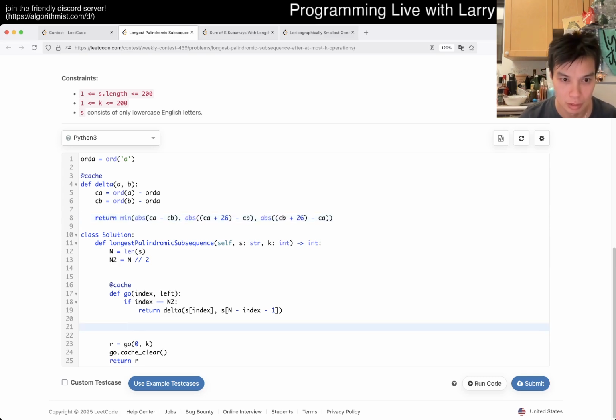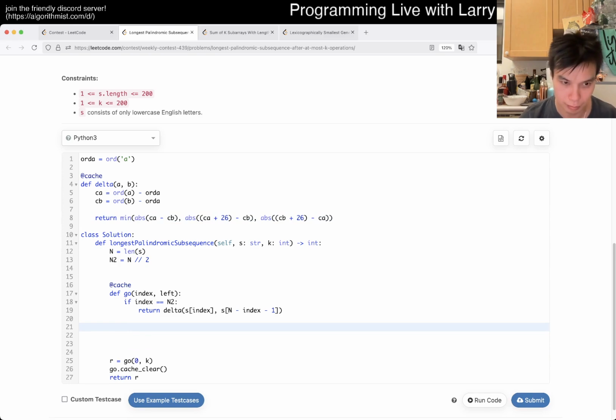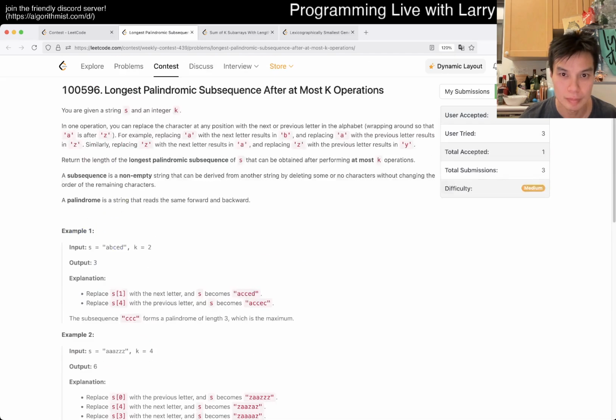Okay. Otherwise, then, yeah. Oh wait. Huh, I misread this one. It's subsequence.